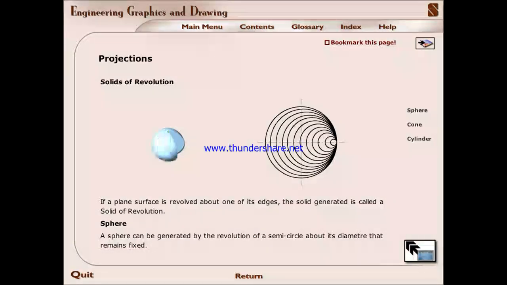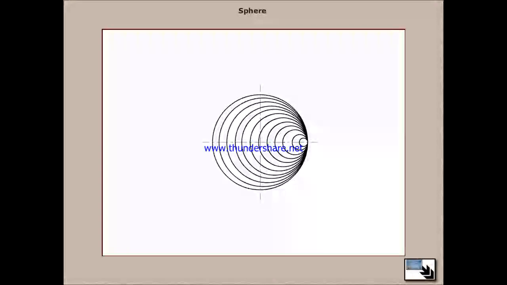Sphere. A sphere can be generated by revolution of a semicircle about its diameter that remains fixed, like this. It is a sphere.